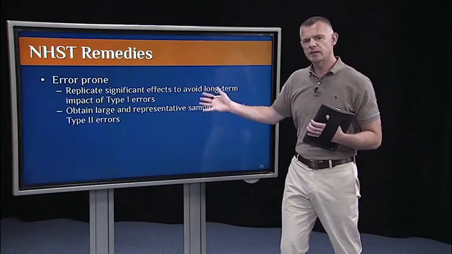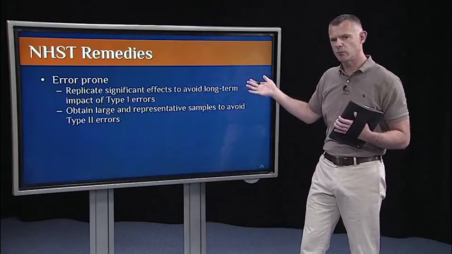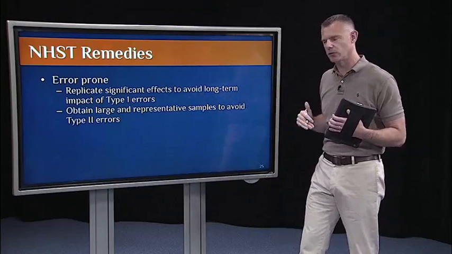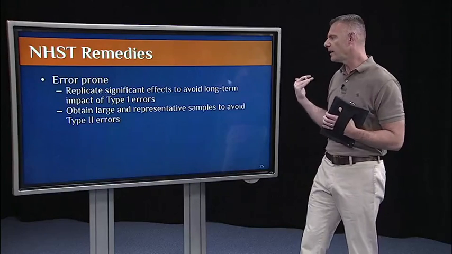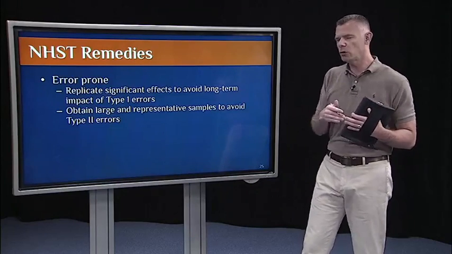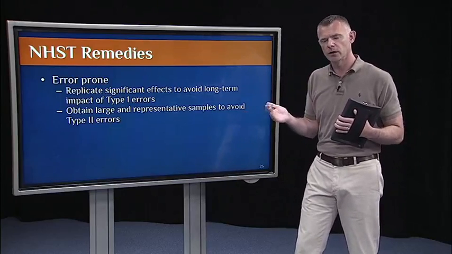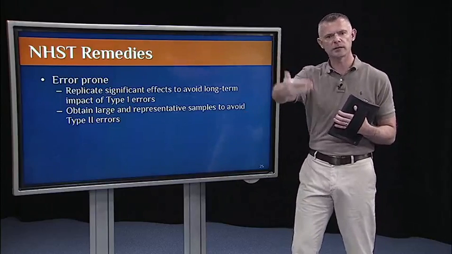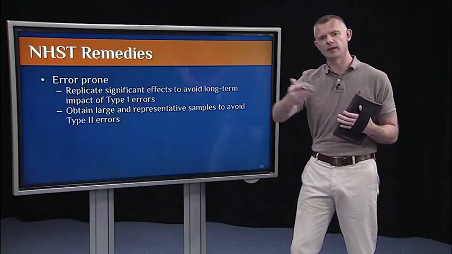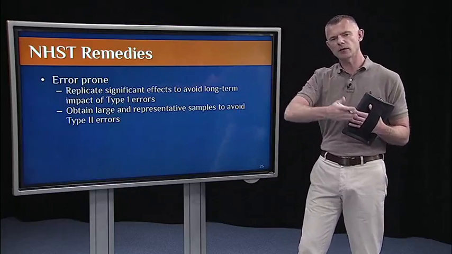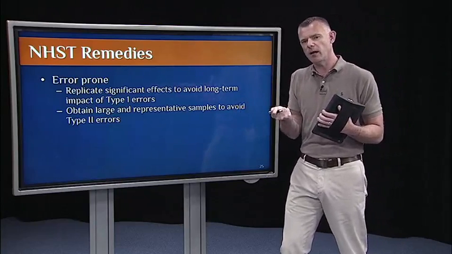In terms of the tests being error-prone, there are several steps we can take to protect against the impact of those errors. So, number one, most importantly, replicate significant effects to avoid the long-term impact of type 1 errors. So, for example, go back to lecture 1 when we talked about the effect of working memory training on intelligence. Those authors found that there was a significant effect, right? But that might have been a type 1 error.